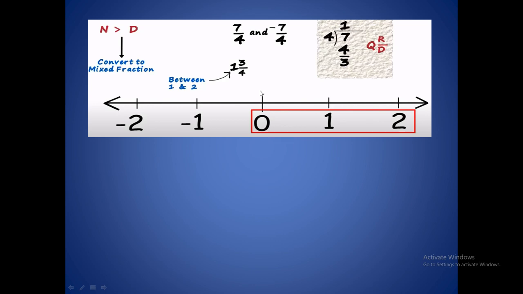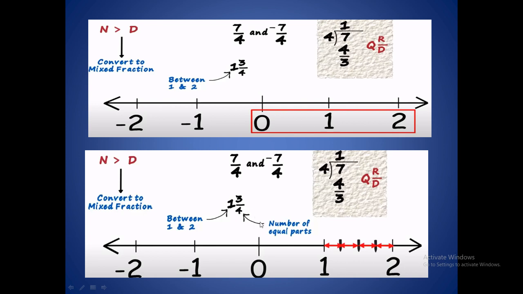Now in our number 1 3 by 4, this 3 by 4 will lie between 1 and 2. You have to move up to 1 completely and then represent 3 by 4 in the gap between 1 and 2. So this number will lie between 1 and 2.